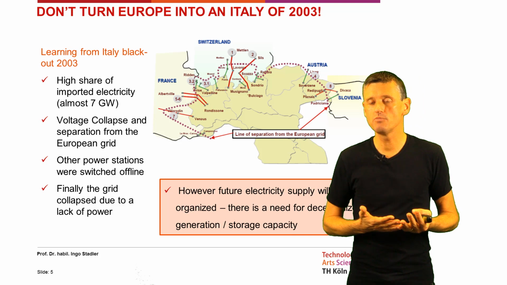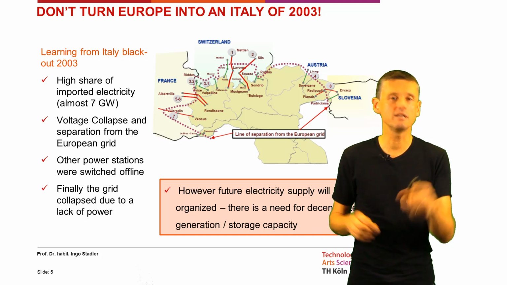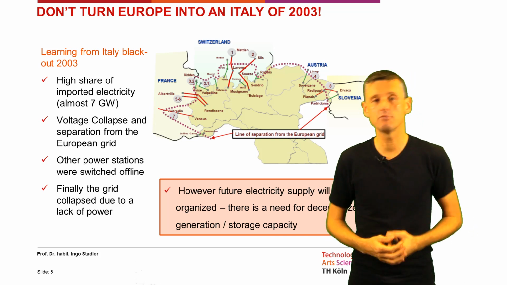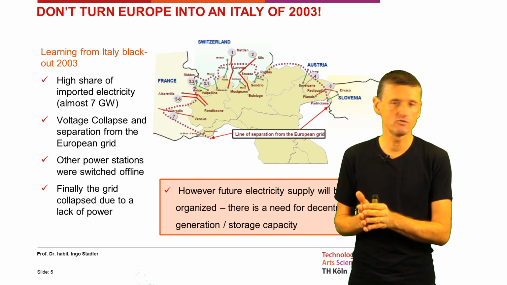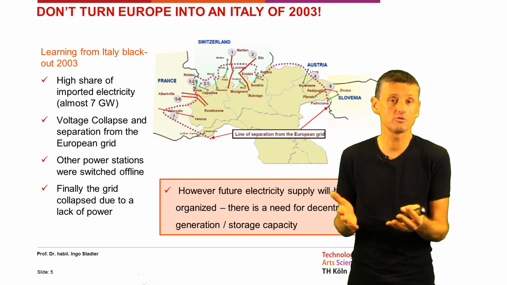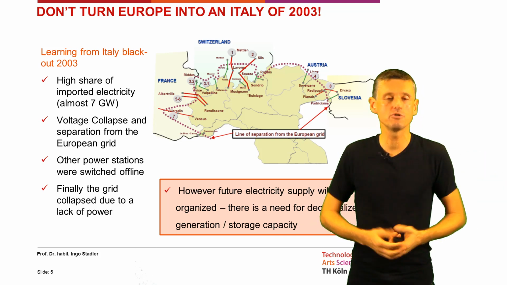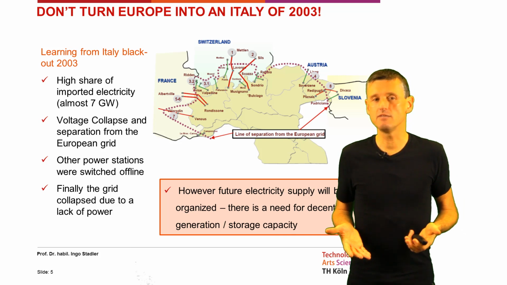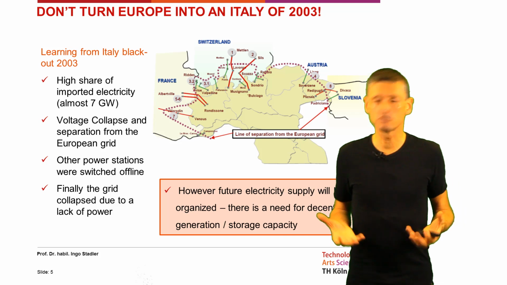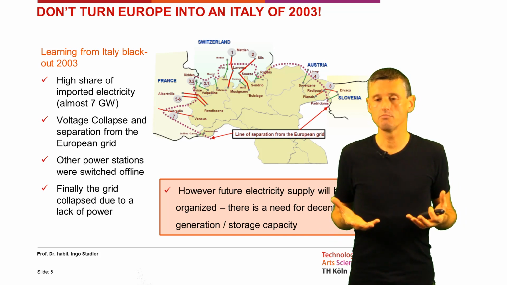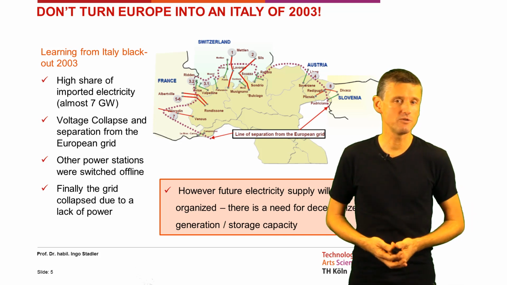And then the problem has been that the power now was distributed to all the other lines, immediately causing the problem that line number 2, again between Switzerland and Italy, dropped out because of an overload. The remaining load was distributed to the rest, and so one line after the other dropped out because it was overloaded, and then we had a voltage collapse in Italy, and Italy had a blackout in some parts of the country up to 24 hours, even more than 24 hours.